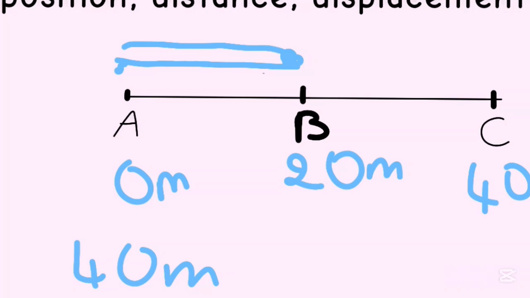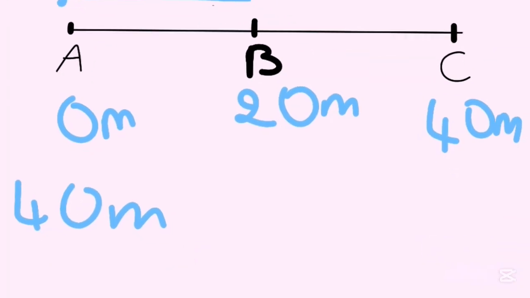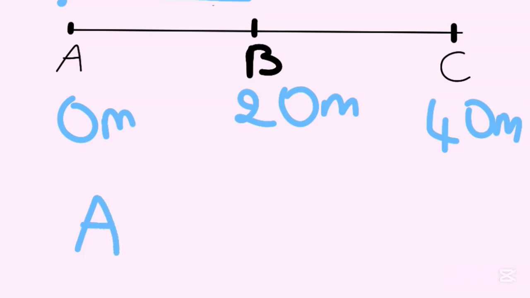If you did, then that's going to be equal to 0. And it's kind of crazy because the final position here is A subtracted by the initial position, which is also A.